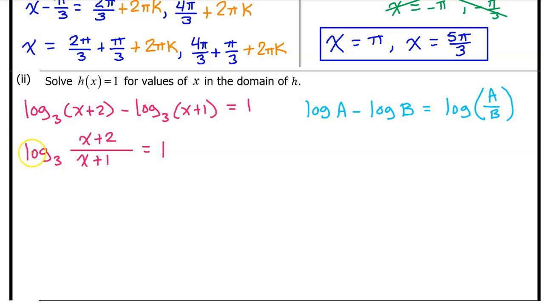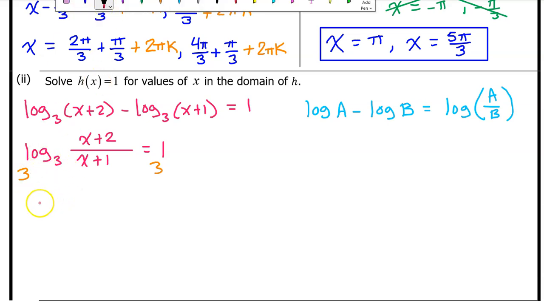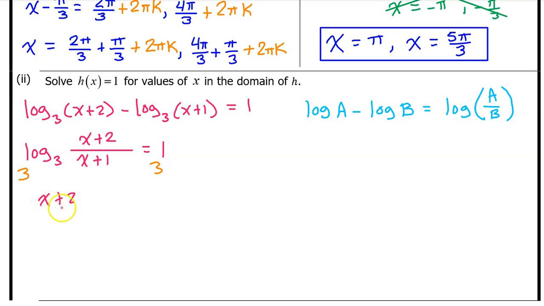We can cancel out the log base 3 by dropping a base 3 on both sides of the equation. These are inverse operations, so base 3 and log base 3 cancel each other out, leaving behind the x plus 2 over x plus 1 on the left side of the equation. On the right side, we have 3 to the 1 power, which is equal to 3.